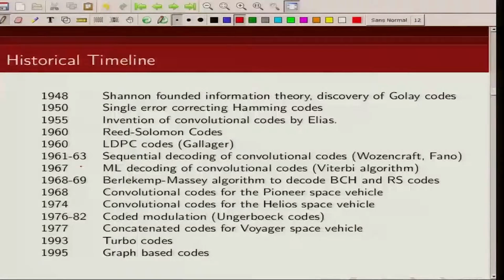In the late 60s and early 70s, convolutional codes and concatenated codes found applications for deep space applications, and around 1977 coding and modulation were combined together to design trellis coded modulation, and they subsequently found a lot of applications in designing coding for modems.